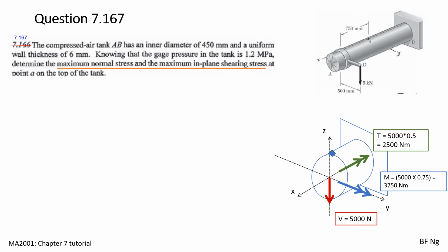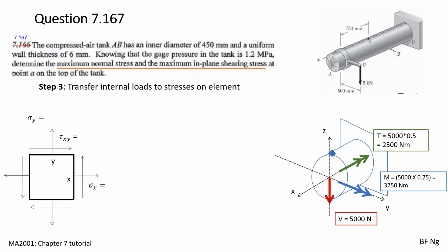We then transfer the internal forces to stresses on the elements. The element itself is drawn here with positive convention, with x and y face. This x face here itself is parallel to your circumference of the cut. This y face here itself is parallel to your longitudinal axis.